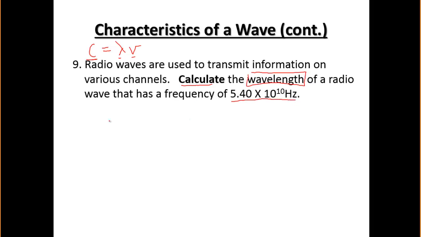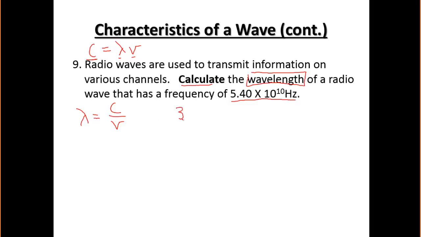Our first step, since we're solving for wavelength: wavelength is going to be equal to the speed of light divided by the frequency. All we've done is move our equation over to what we want to solve for.